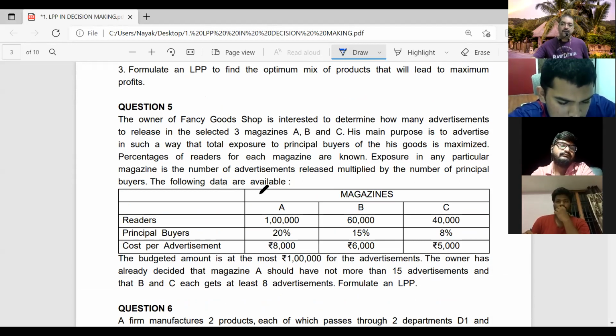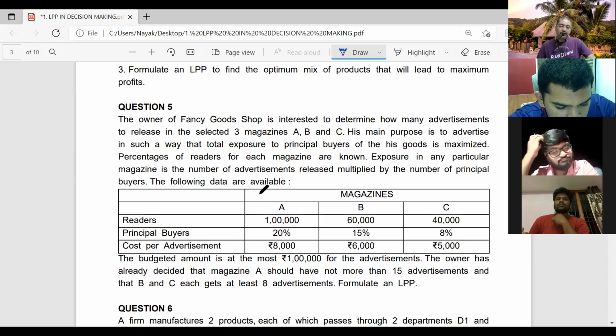Percentage of readers for each magazine are known. Exposure in any particular magazine is the number of advertisements released multiplied by the number of principal buyers. The following data is available.